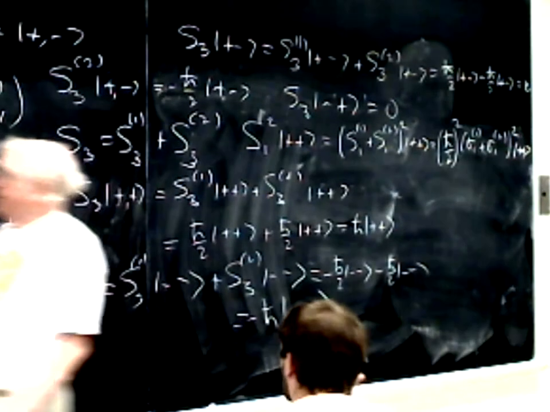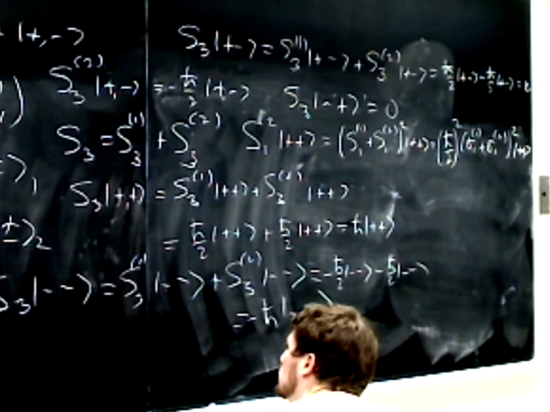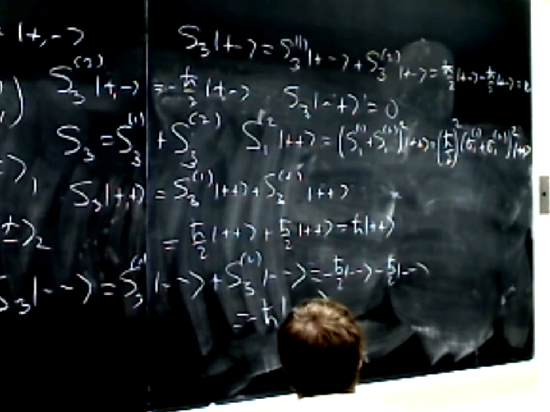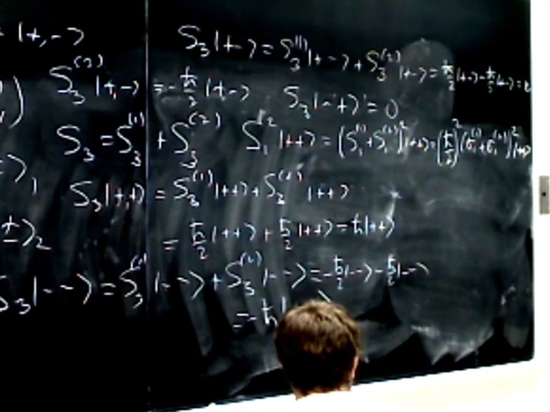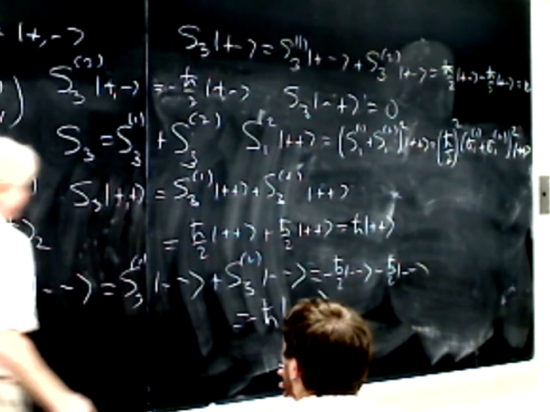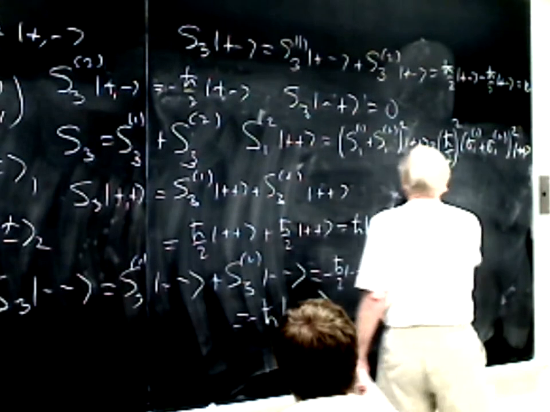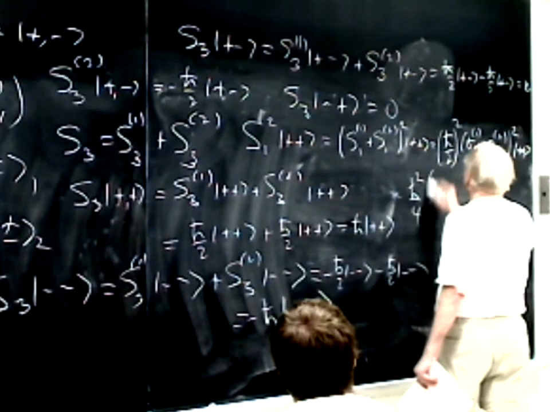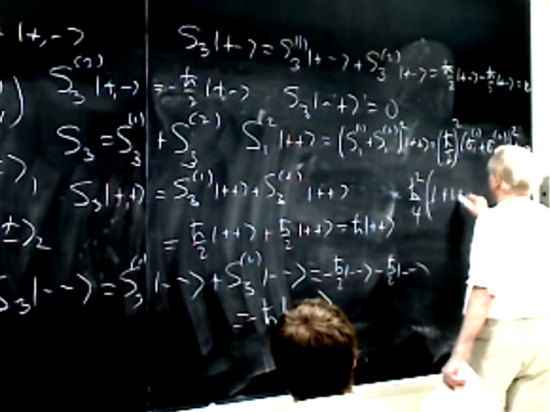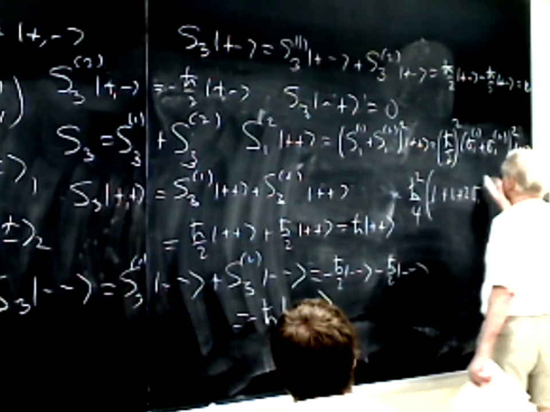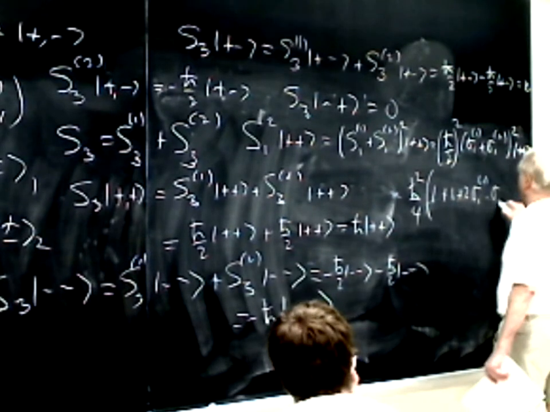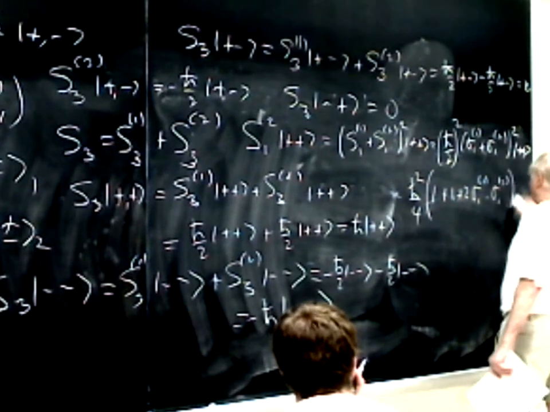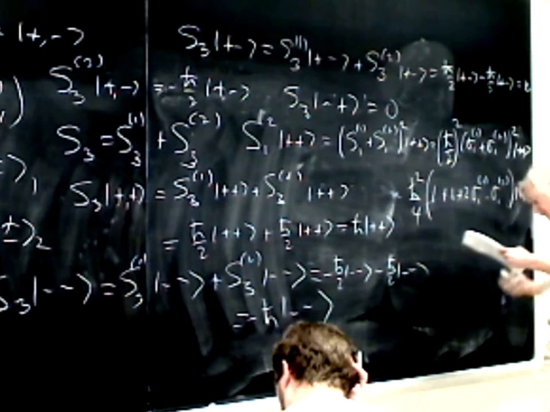But all of these Pauli matrices satisfy the rule sigma i squared equals 1. That is to say, I'm not summing over i. So sigma 1 squared equals sigma 2 squared equals sigma 3 squared. So this is h bar squared over 4 times (1 plus 1 plus 2 sigma 1^(1) dot sigma 1^(2)) acting on plus.